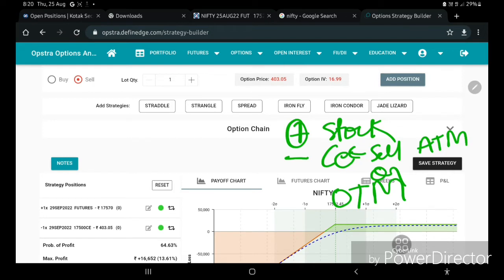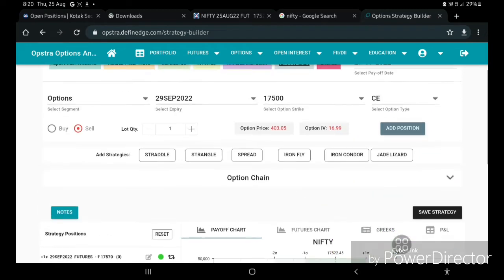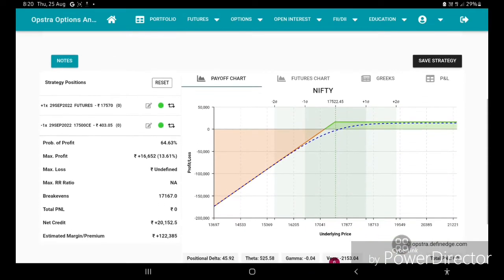So what we have done over here, let me explain in brief. We have taken two positions, that is, we bought futures. Why futures? Because I have a lot of capital, that's why I have taken futures. And also I have said that time in the market is more important than timing the market. That's why I am giving you this example.